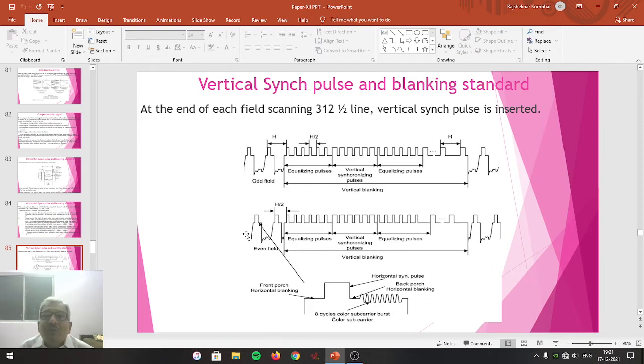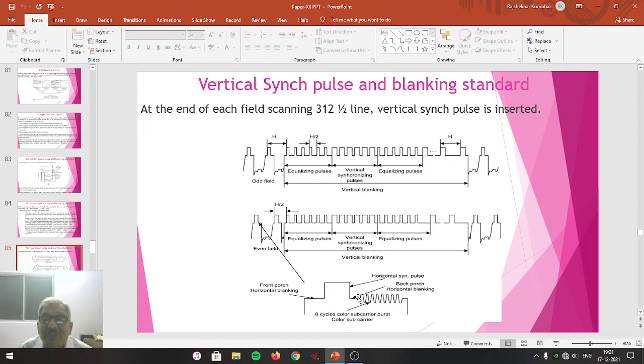This is for monochrome television scanning, but for color scanning, 8 cycles of color subcarrier burst signal is introduced, which is of the frequency of 4.8 megahertz. So this is the front porch, this is the synchronizing pulses, and this is the back porch.